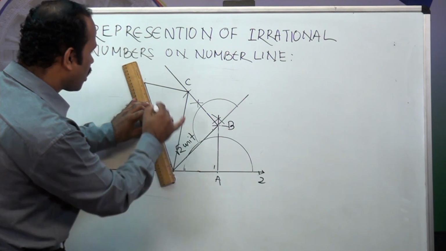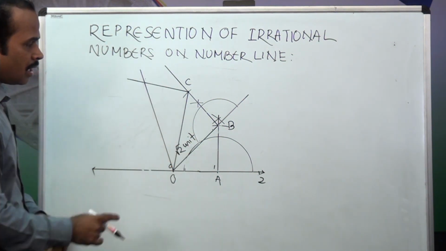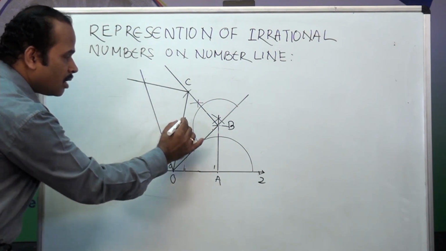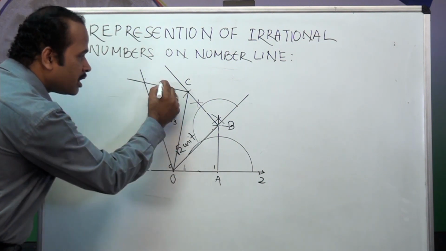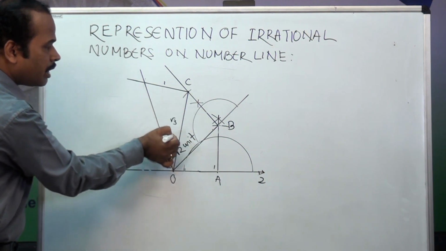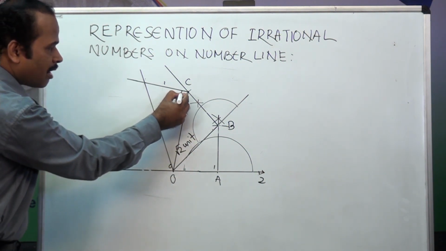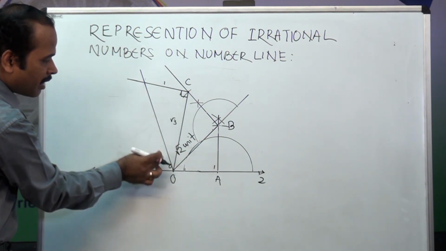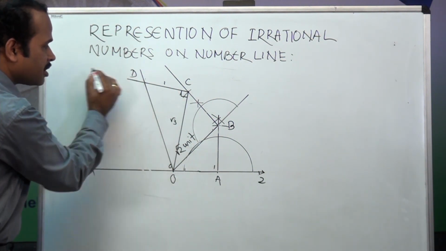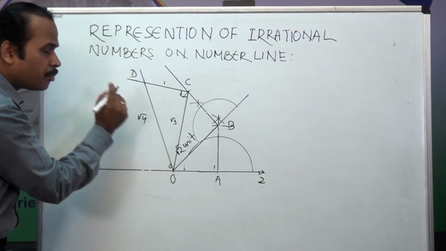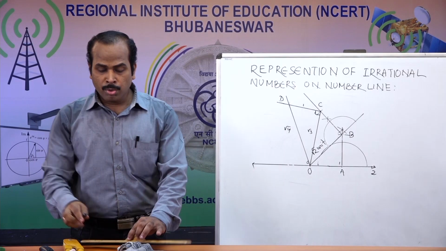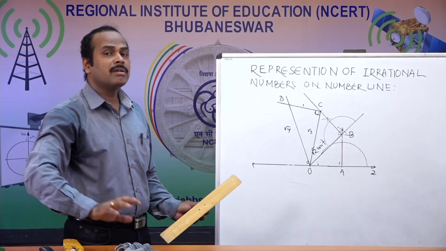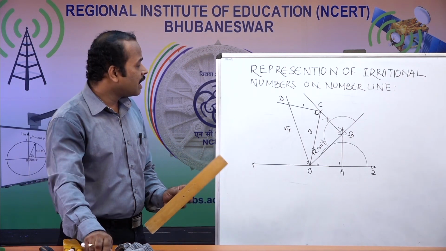Now this is √3 unit, this is 1 unit, so √3 squared plus 1, this angle is 90 degrees. So this length, at point D, becomes √4. √4 means 2. 2 is a rational number, but we have presented it through √4. Now let us move to the next.